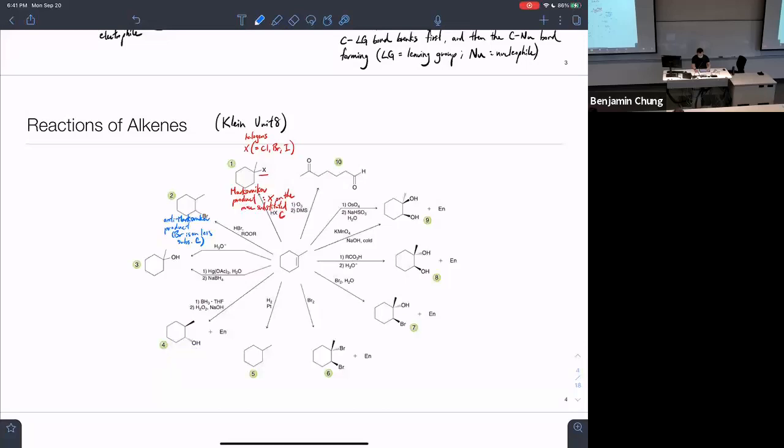So we can get the Markovnikov alcohol in two different ways. Either acid hydrolysis of the alkene, shown here, can get us to the Markovnikov alcohol, or we have these reaction conditions here, which are called oxymercuration, demercuration.